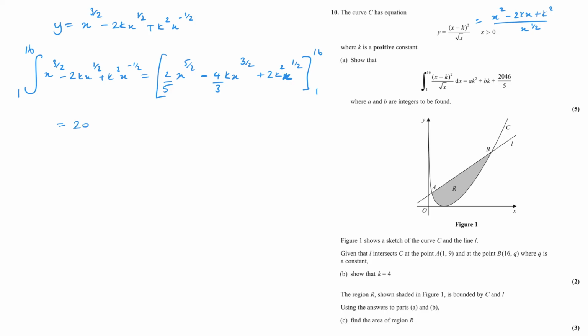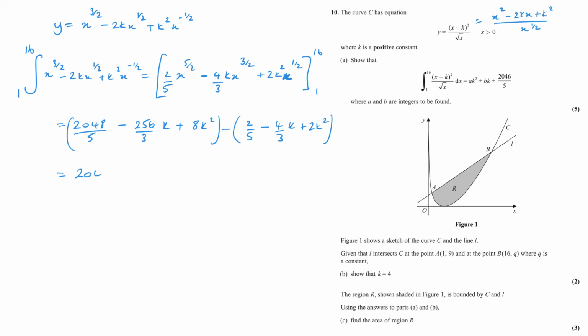So that is 2048 over 5 minus 256 over 3 k plus 8k squared, minus that's 2/5 minus 4 over 3 times 2k plus 2k squared.